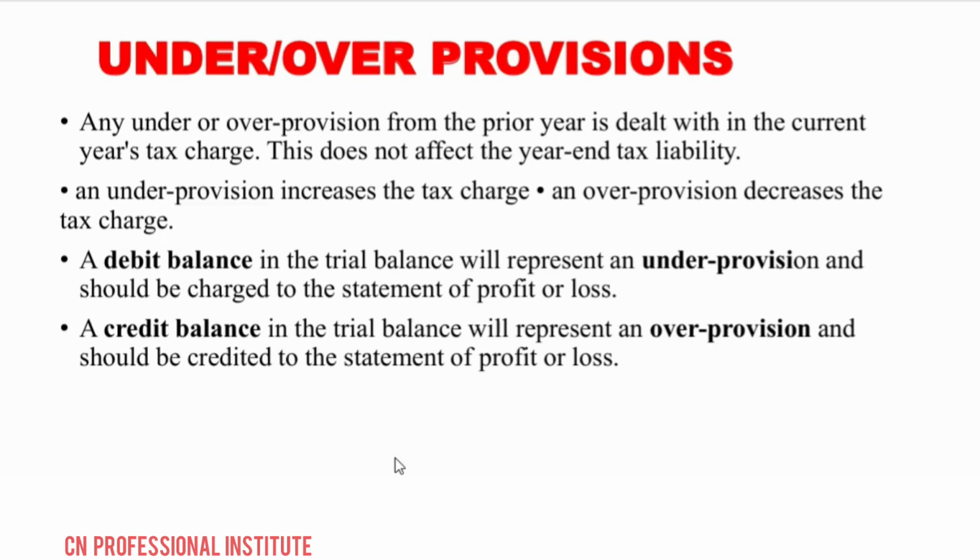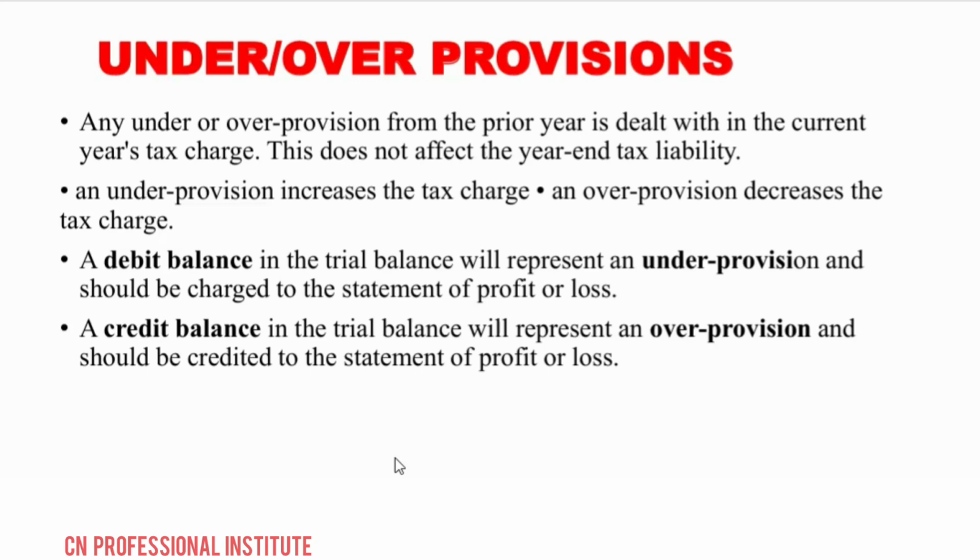You would realize that you have under provided for the tax expense. You have provided for 40, and the tax authority is saying you should make provision or pay 50. So you have under provided. You made under provision, right? This happened in 2024. When you come to this year, 2025, you have to bring the 10,000 under provision to the current year and add it to this year's tax, right?